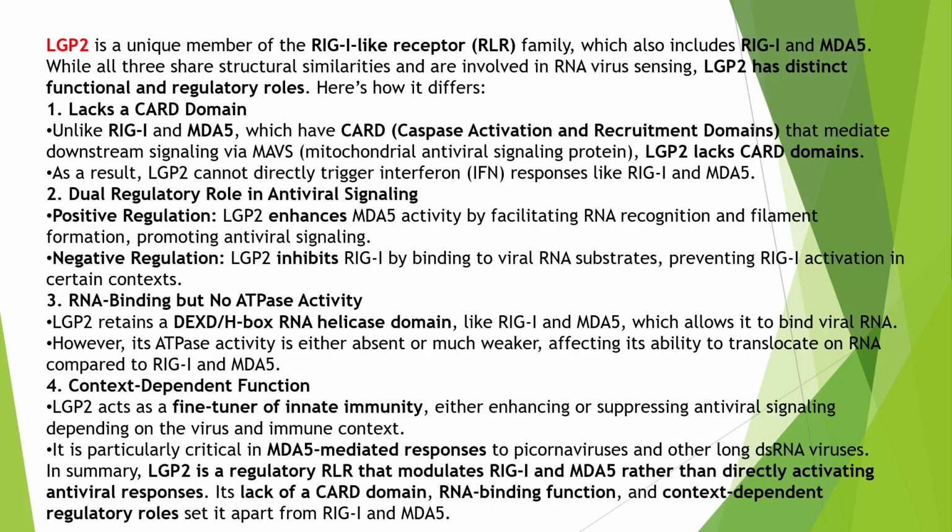The first is the LGP2 protein, which is a member of the RIG1-like receptors, commonly known as the RLR family. This includes RIG1 and MDA5 mainly. The pathways activated downstream are your RIG1 and MDA5 regulated pathways. LGP2, RIG1, and MDA5 all belong to the RLR family.